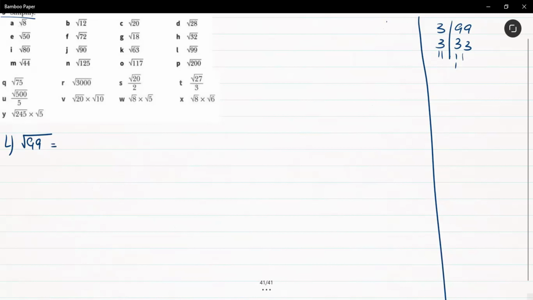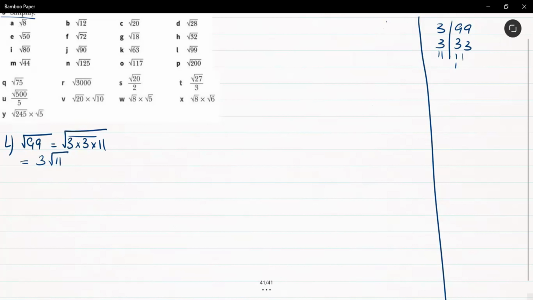So under root 99 is basically equal to under root 3 multiplied by 3 multiplied by 11. We get a pair of 3, which goes out here, and 11 stays inside as it is. So 3 under root 11 is for part L.